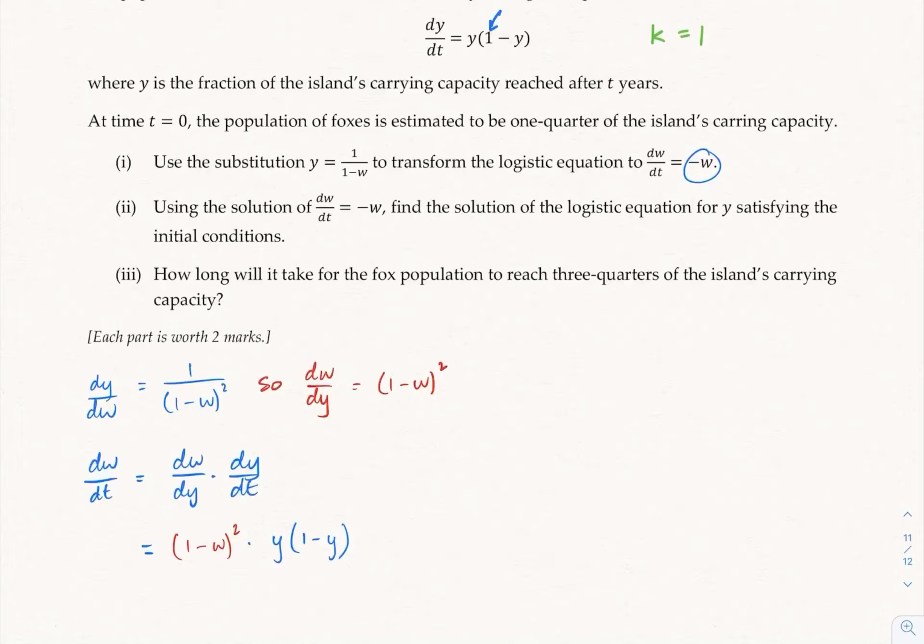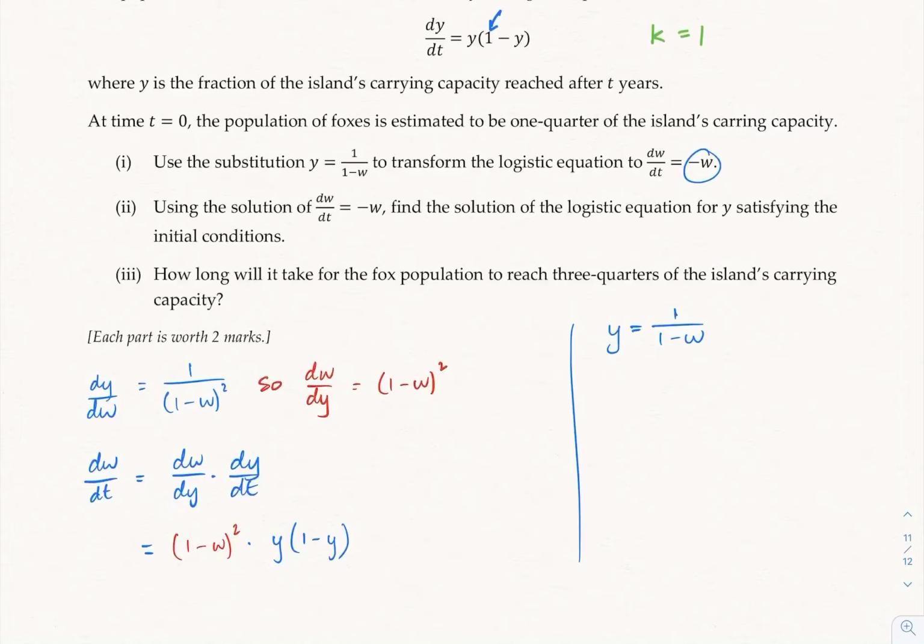We want negative w, so we want an answer in terms of w. Taking y equals 1 over (1 minus w), I need to turn this into terms of w. This is already in terms of w. I need dw/dt to be in terms of w.